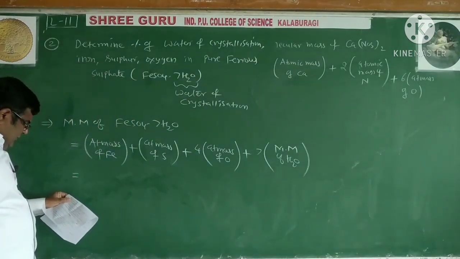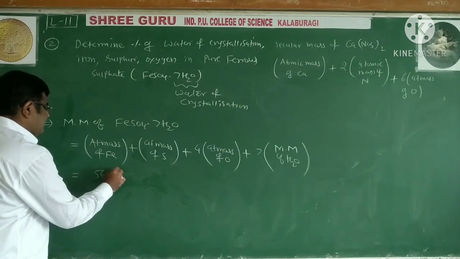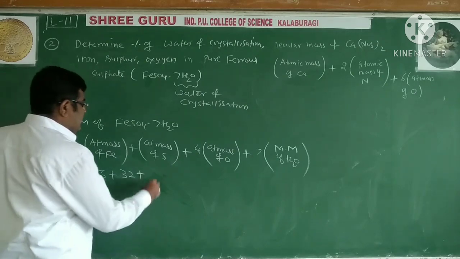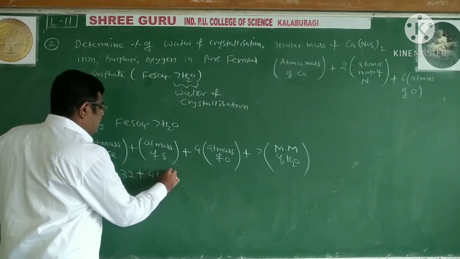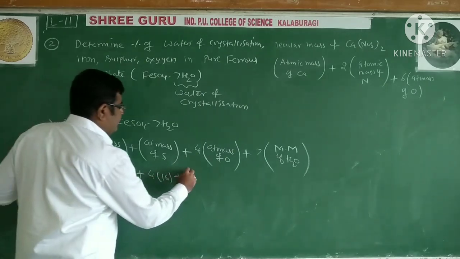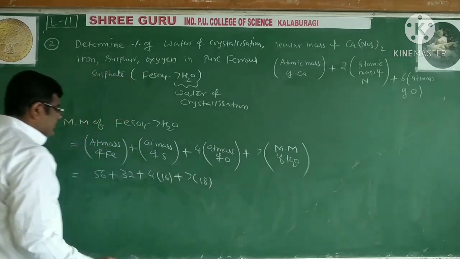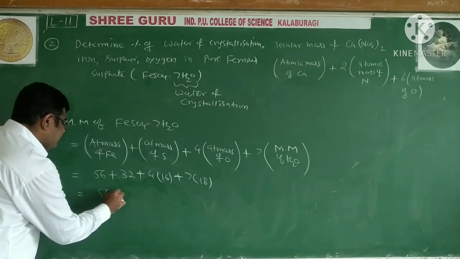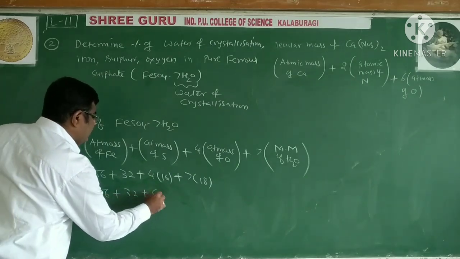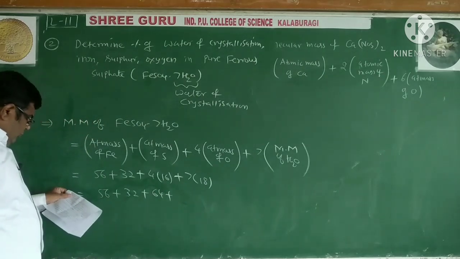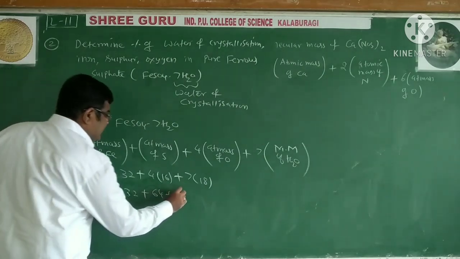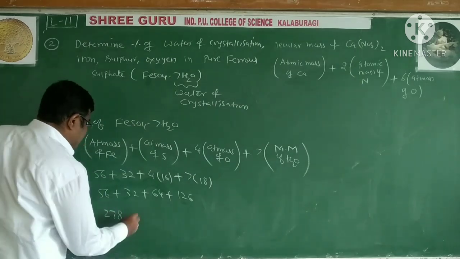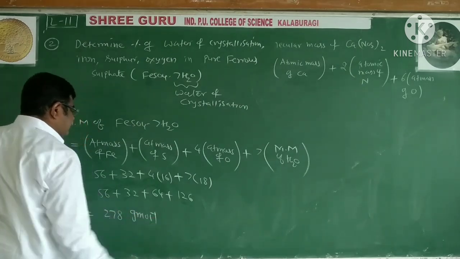Atomic mass of iron is 56 plus 32 plus 4 into 16 plus 7 into 18, and that happens to be 56, 32, 64, 126, and this is 278 gram per mole.